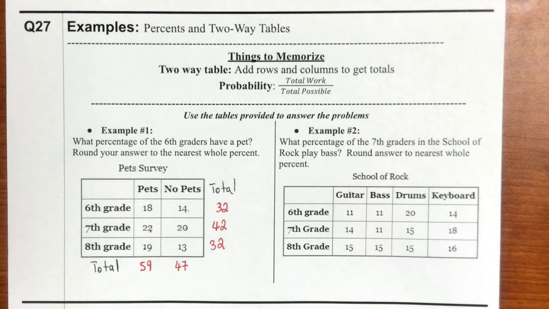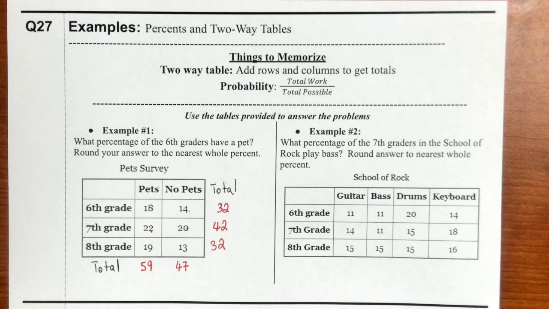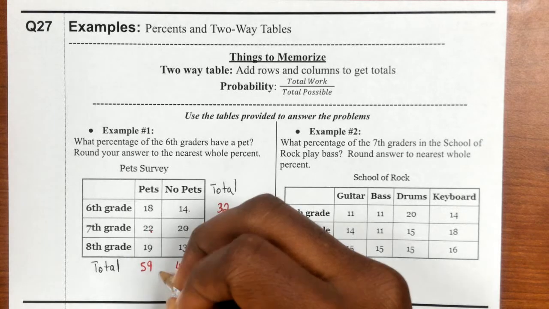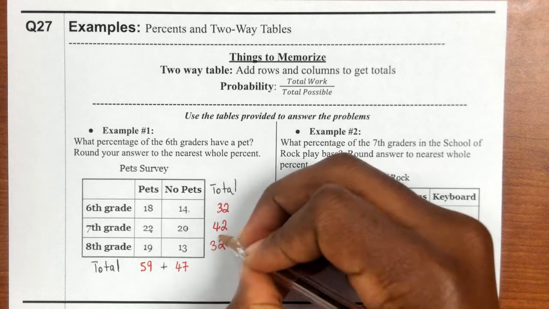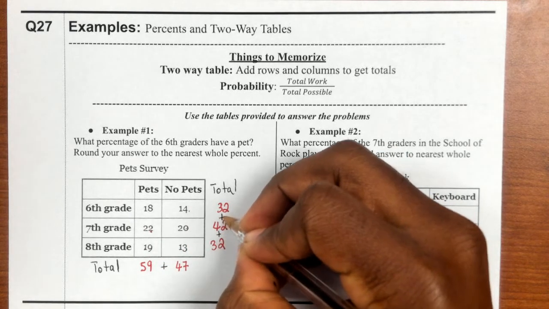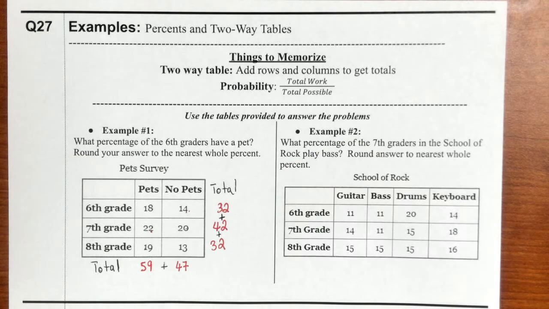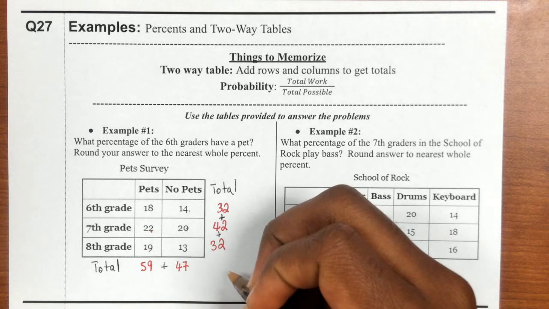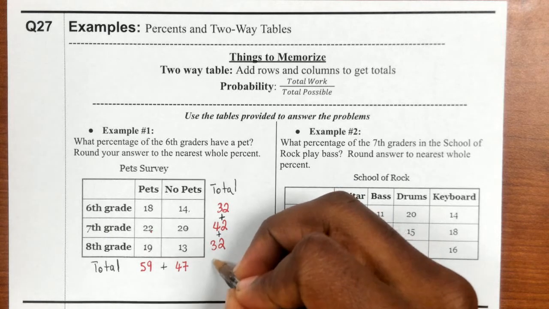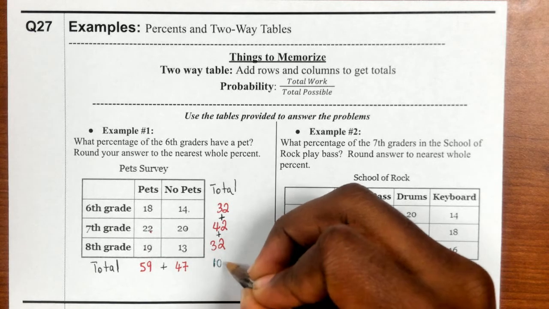Now we're going to find the total of everything. The total can be calculated by either adding these two together or by adding all of these together. Either way, you should get the exact same number. So 59 plus 47, I believe, is 106.